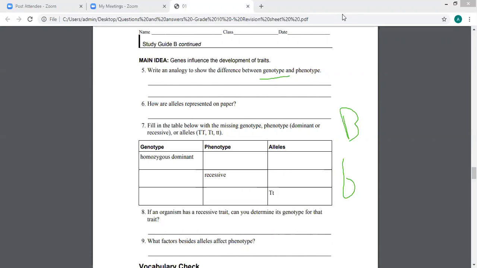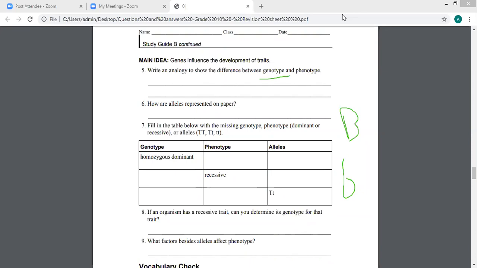So any gene or trait is represented by two factors or two letters. Homozygous means similar, so the letters must be similar. Heterozygous means different, so they will be different.